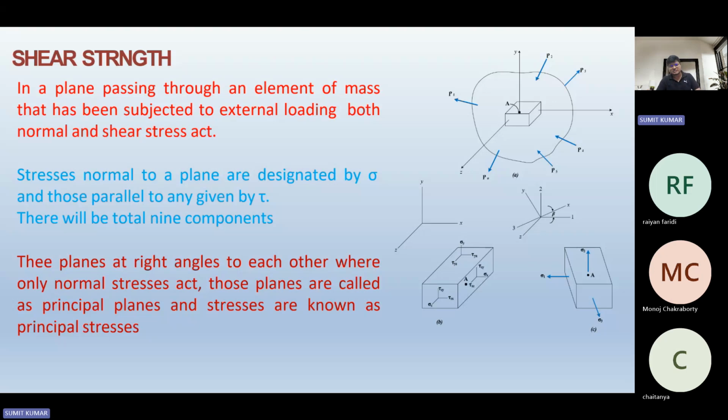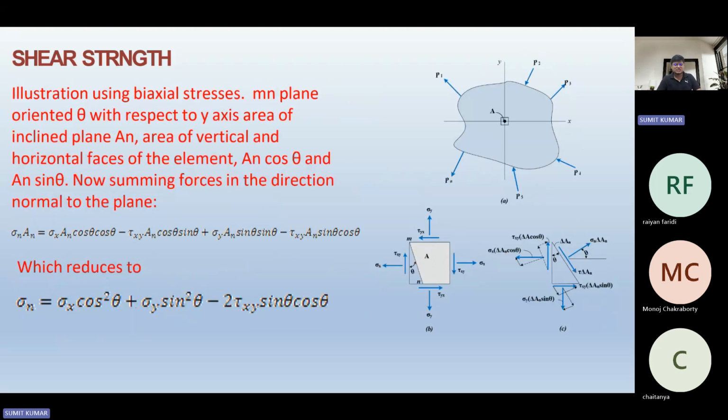We have already discussed the equations mentioned here: sigma n equals sigma x plus sigma z by 2, plus sigma x minus sigma z by 2 cos 2 alpha, while the other equation, sigma x minus sigma z by 2 sin 2 alpha, is very prominent in understanding the concept.